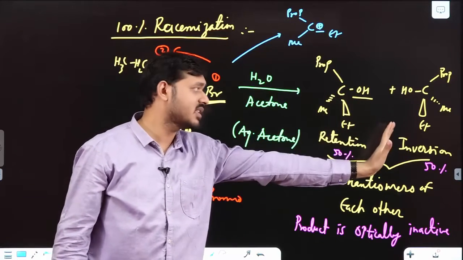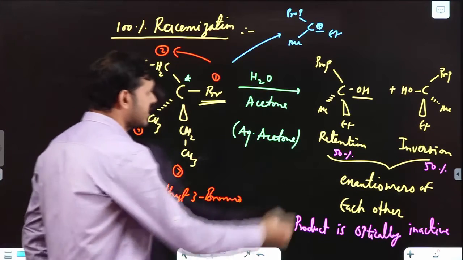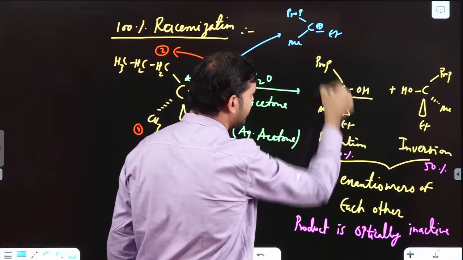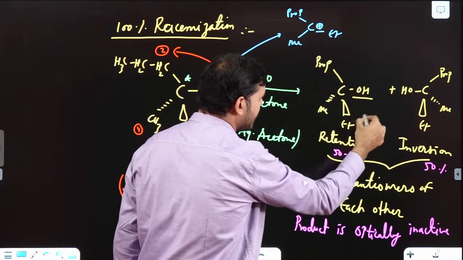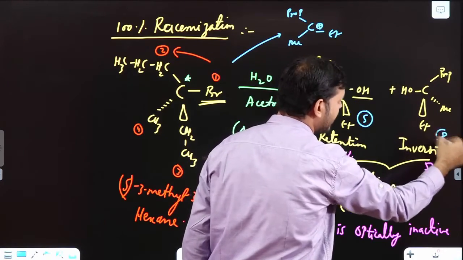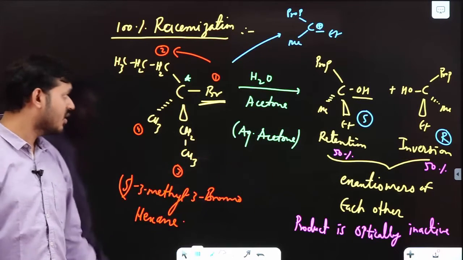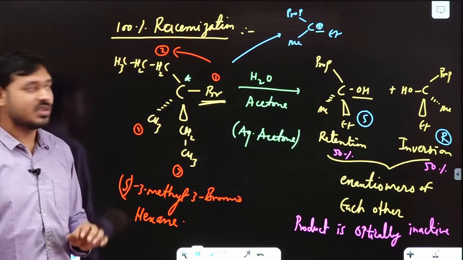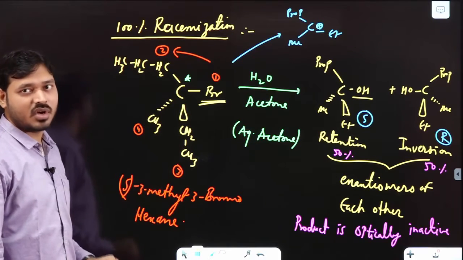Because 50% is retention and 50% inversion. Now when I check the configuration, this is 1, 2, anti-clockwise, so you can say this has configuration S and this has configuration R. So 50% S, 50% R. So the product is optically inactive, but the reactant was optically active. You can see perfect racemization is occurring.